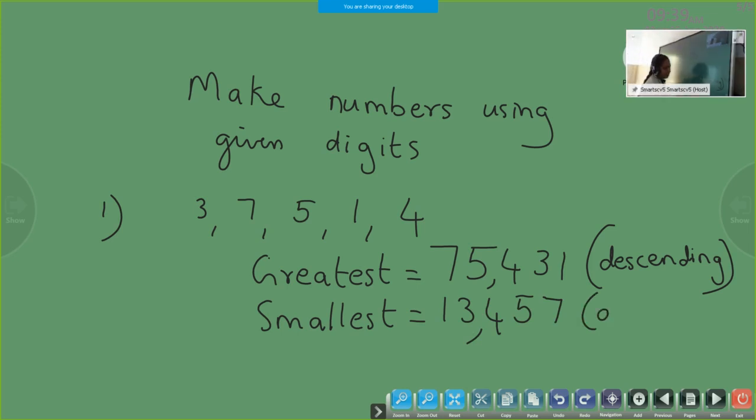So the greatest number from these 5 digits is 75,431 and the smallest number is 13,457.